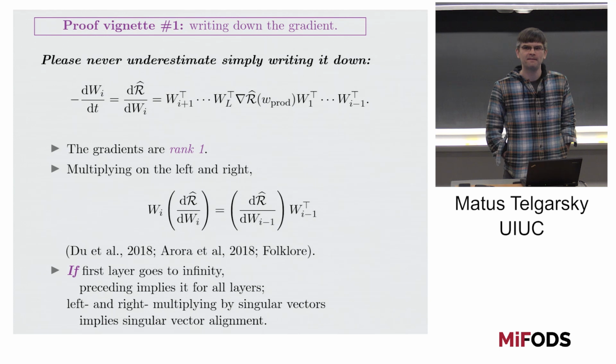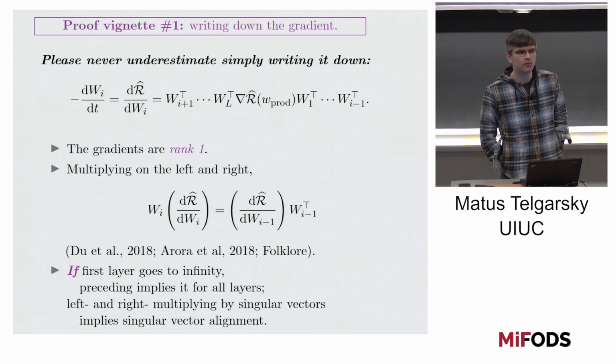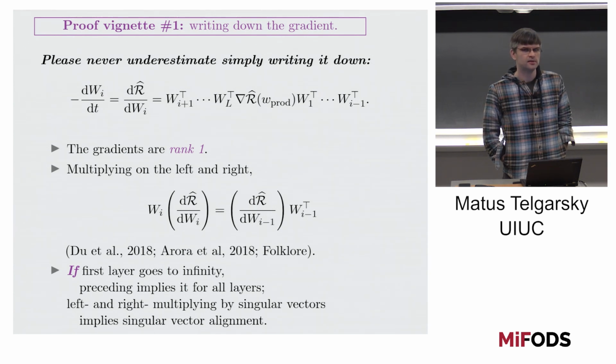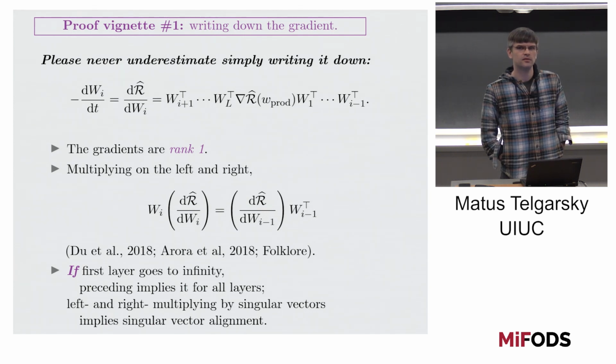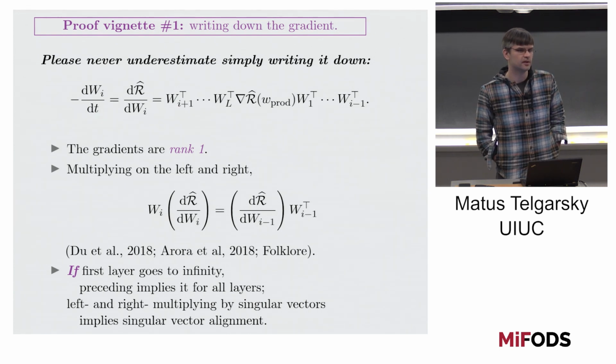Did you say anything about polynomial networks or nonlinear networks? Nonlinear networks? Just nonlinear, but specifically polynomial activations? No, the only thing I can tell you about is nonlinear networks in the general case.